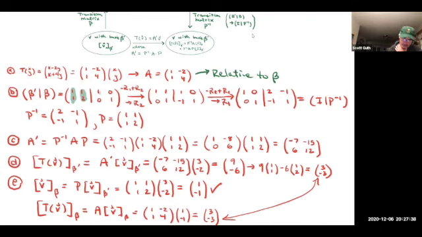And then the third column is the first vector for beta, and the fourth column is the second vector for beta. Okay, so you want to reduce this to the identity matrix, and on the right-hand side of the augmented matrix, you end up with P inverse, which is the transition matrix.